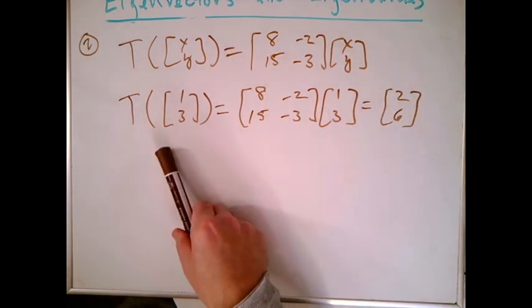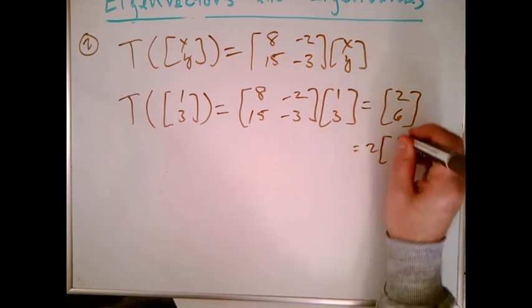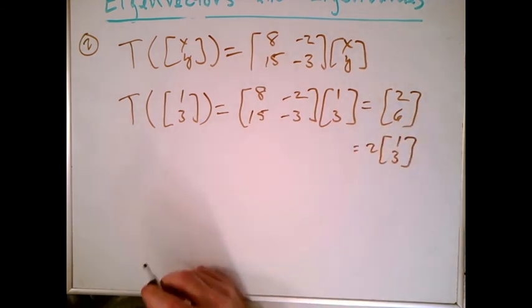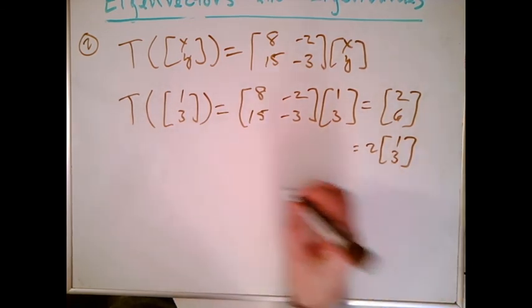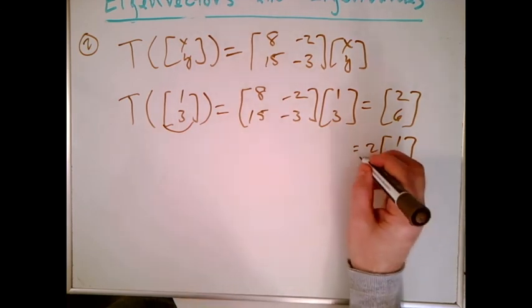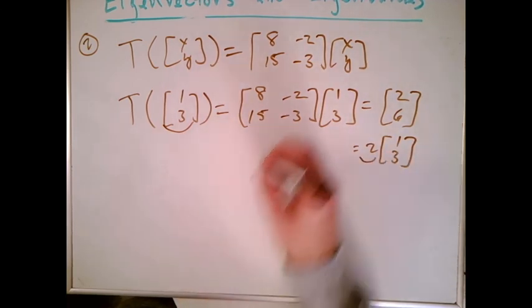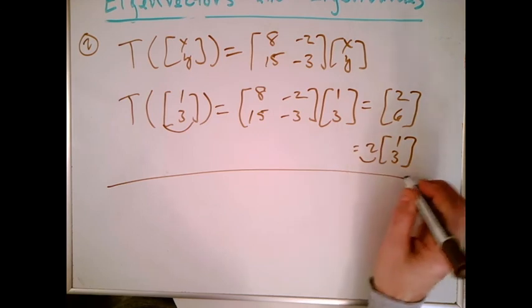So when we plug in 1, 3, we get 2, 6. And here I can pull out that 2, and I see that in this particular case, 1, 3 got stretched by a factor of 2. So that's going to tell me that 1, 3 is an eigenvector, and the eigenvalue corresponding to it is 2. But you see that the 2 doesn't show up anywhere clear in the matrix.